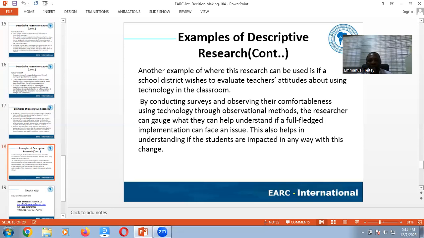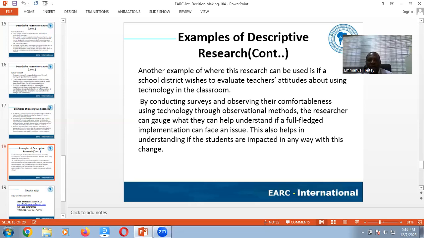Through the observation method, the researcher can understand if a full-fledged implementation might face an issue. This also helps in understanding if the students are impacted in any way by this change. So descriptive research is important in many ways.